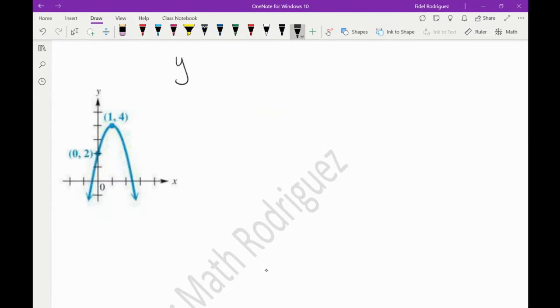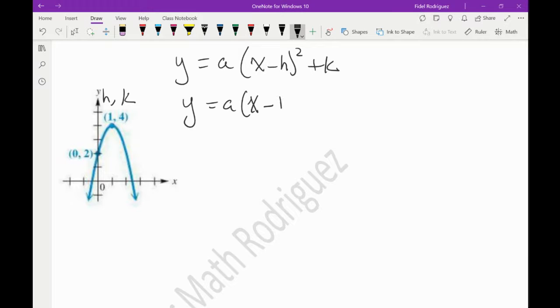So let's see. y equals a(x minus h) squared plus k, right? And again, this is my h and that's my k. So (x minus 1) squared plus 4, okay? And then remember, y'all, this is my x and this is my y.